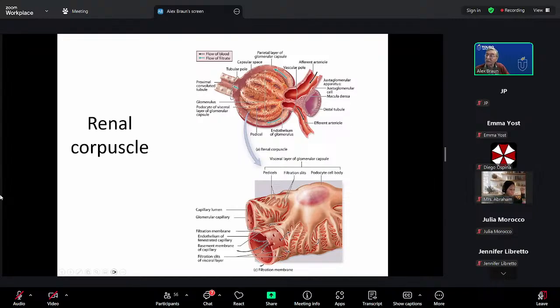So here's the piece of proximal convoluted tubule, and you see there's a very distinct microvillus border at the apical surface of the epithelial cells of the proximal convoluted tubule. Because of the great numbers of microvilli, the proximal convoluted tubule epithelial cells actually have a so-called brush border, which we saw earlier in the course in the small intestine.